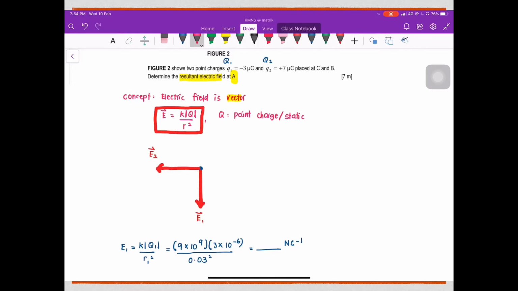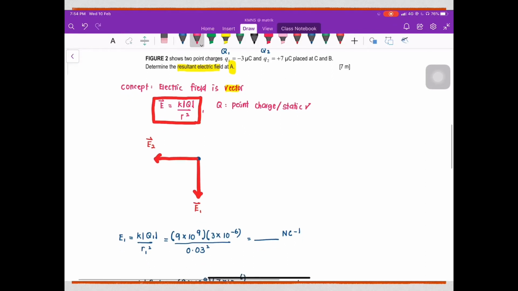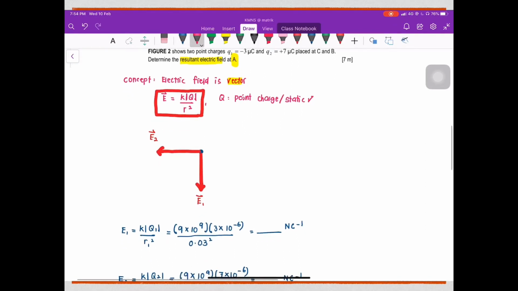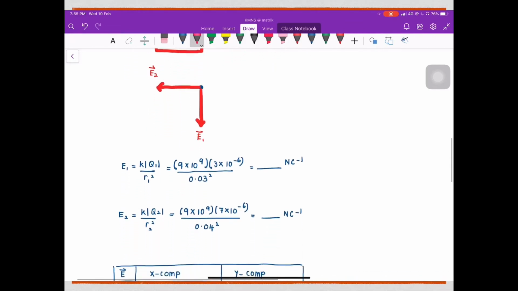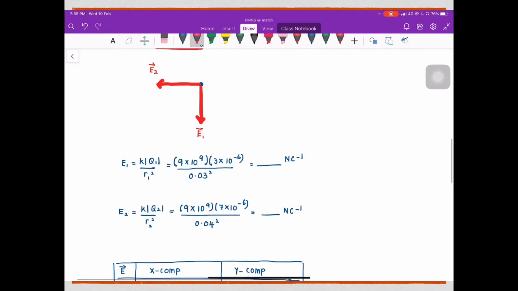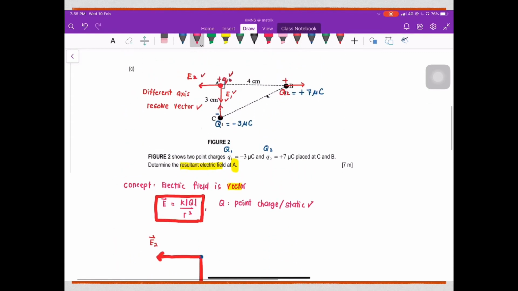So be careful here. Capital Q means the point charge or stationary charge. Now calculate E1 using Q1 over R1 square, and the distance here is between point A to Q1.